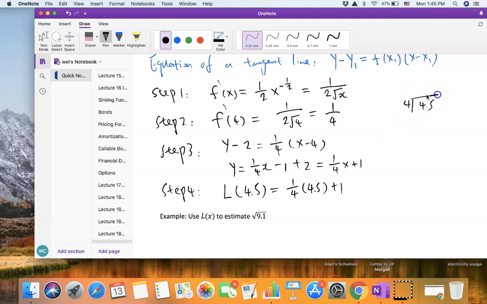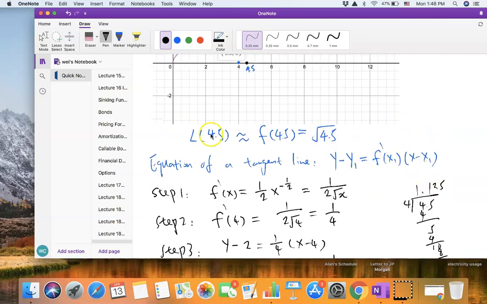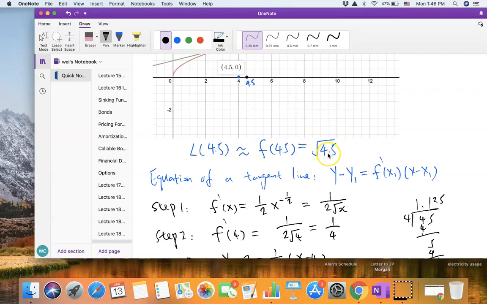Now 4.5 divided by 4 is 1.125. So L of 4.5 equals 2.125. So 2.125 is an approximation to the square root of 4.5.